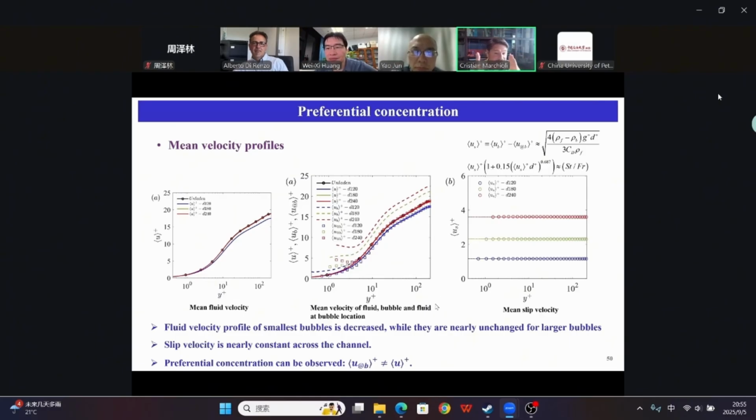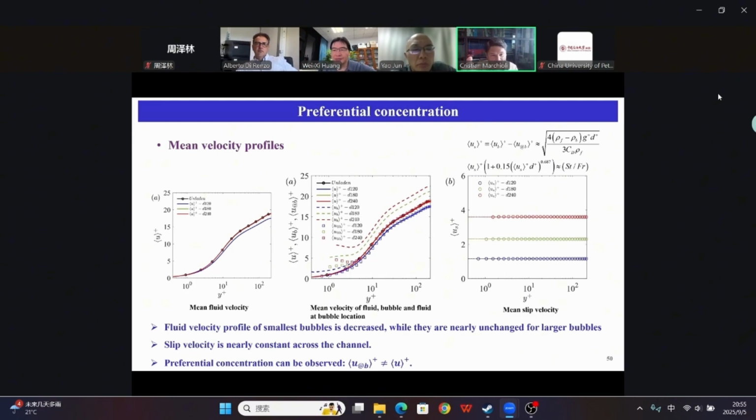We focused on the modulation of turbulence induced by these bubbles. To explain the effect of the bubbles, we thought of it as an additional pressure gradient induced on the flow. In the unladen flow, you have a pressure gradient driving the flow.